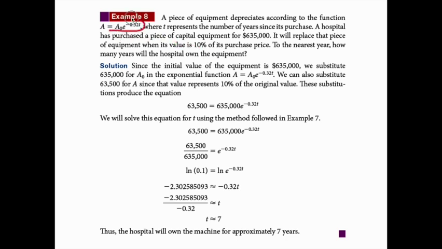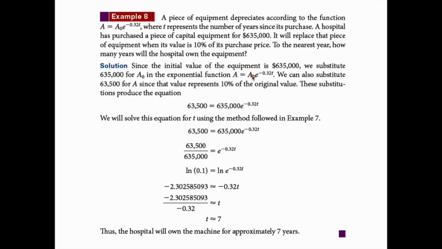So here's the function given. We know that the initial amount of the price is $635,000. So that's what we need to put in here for the initial amount. The question wants us to find how long it takes, meaning we need to look for t, until it is down to 10% of the original price.